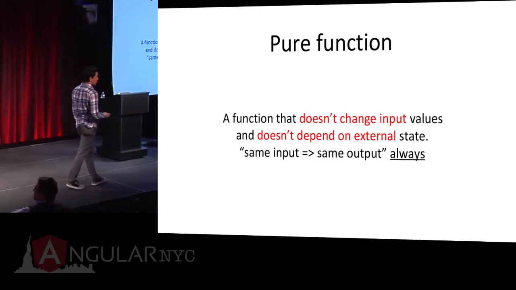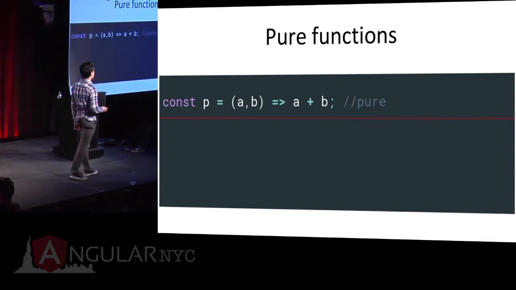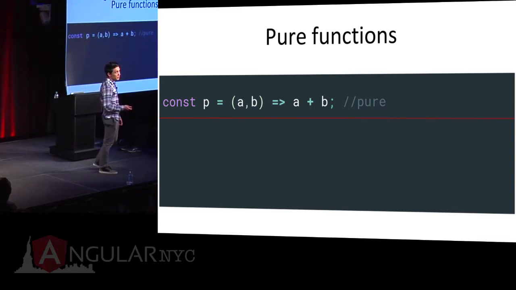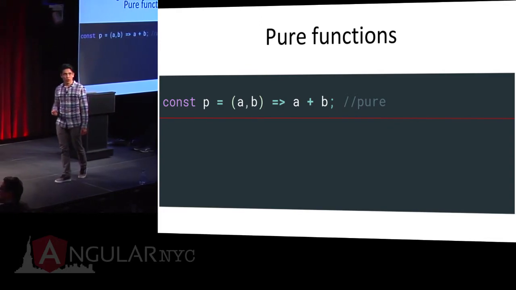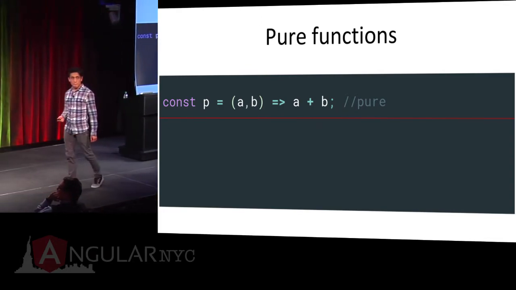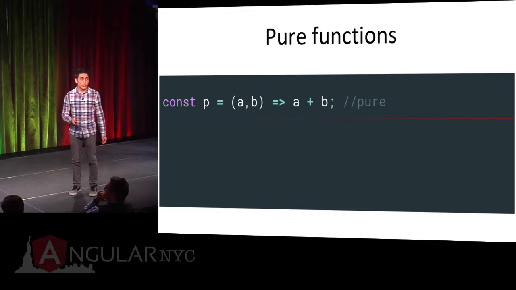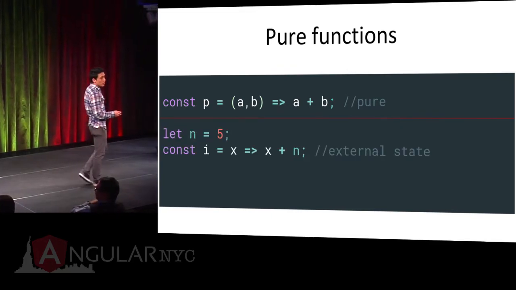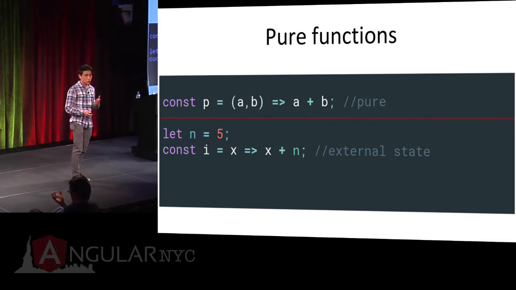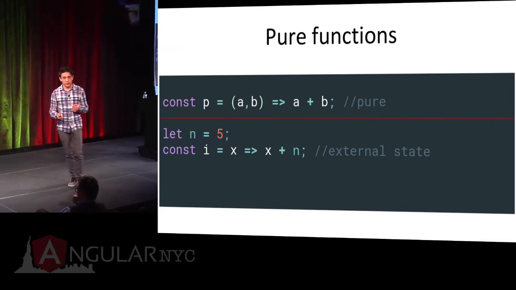What does that actually mean? So let's take a look. We have a function p that takes a and b and returns their sum, and it's considered pure. Here's a function that is not pure because it uses external state, and the external state is variable n in this case.